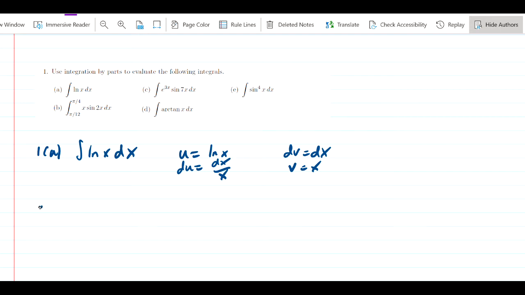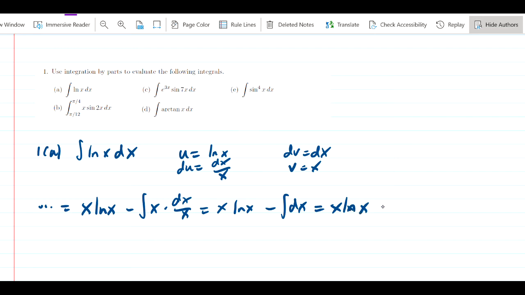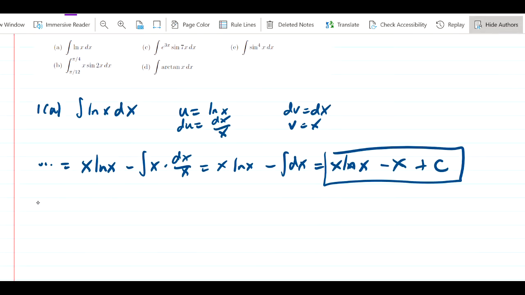So the given integral is equal to x ln x minus the integral of v du, which is the integral of x times dx over x. So this equals x ln x minus the integral of dx, which equals x ln x minus x plus c. So that's 1a.